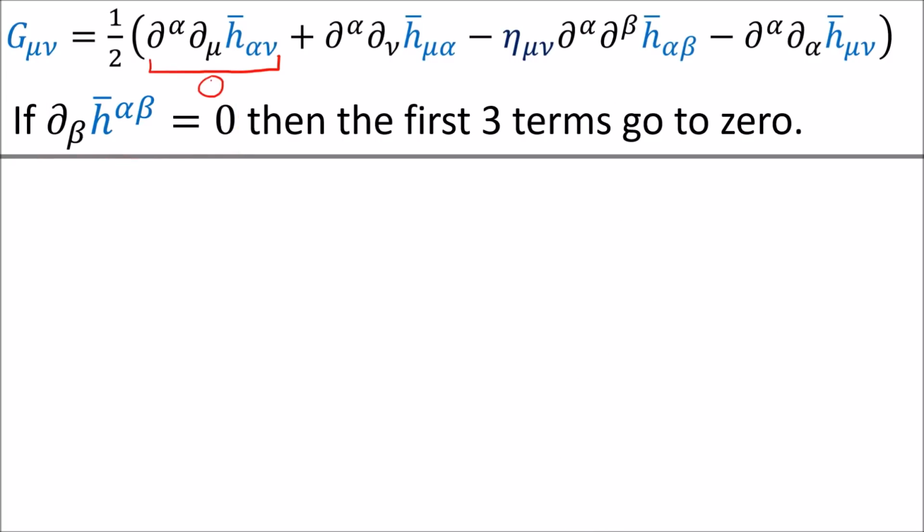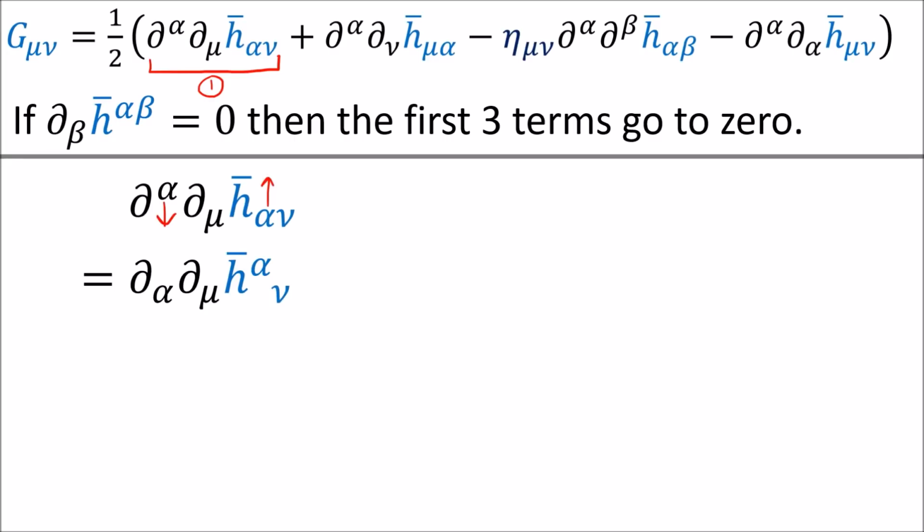For this first term, we can lower the alpha on the derivative in exchange for raising the alpha on h bar. We can also raise the nu index to a beta if we add a beta nu metric with lower indices to the expression. This is basically the reverse of lowering an index. Instead of lowering the beta index and eliminating the metric, we're raising the nu index and including the metric.